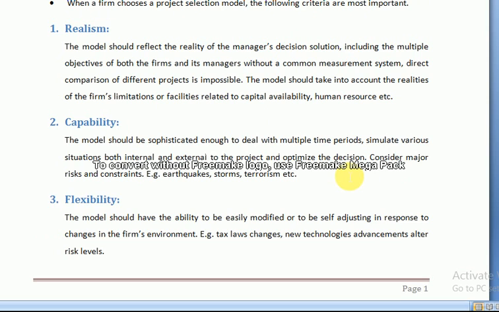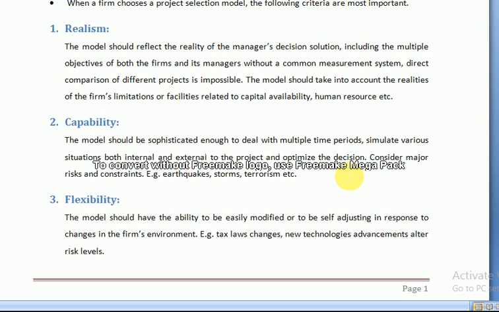The project model should reflect the reality of the manager's decisions, including all the multiple objectives of both the organization and its managers, without a common measurement system like direct comparisons of the different types of projects.